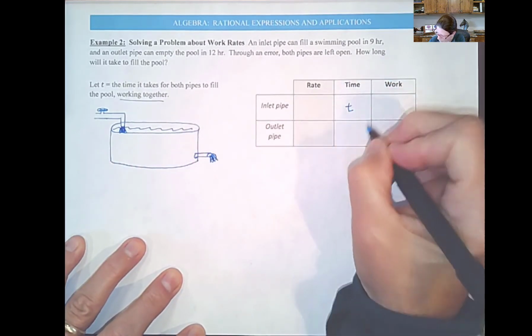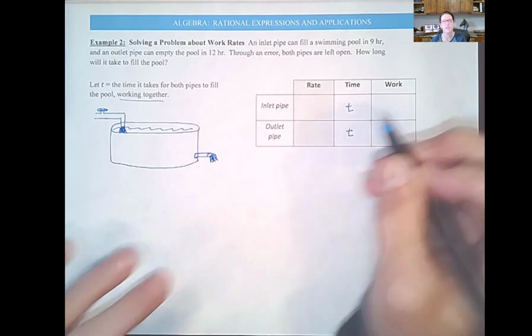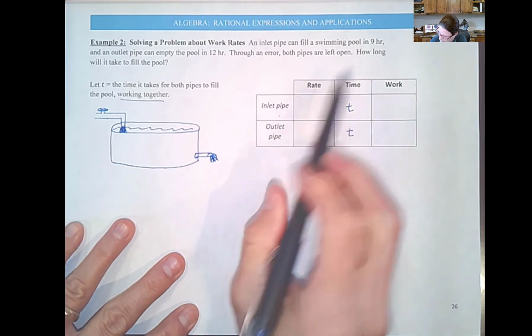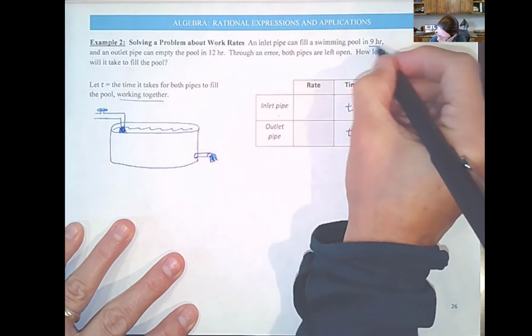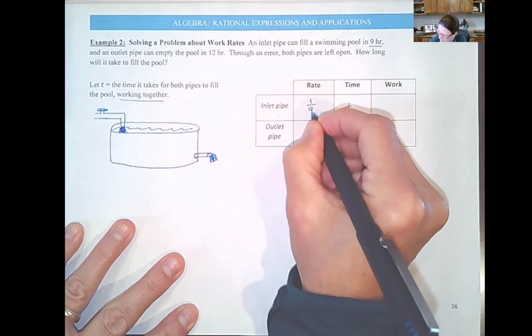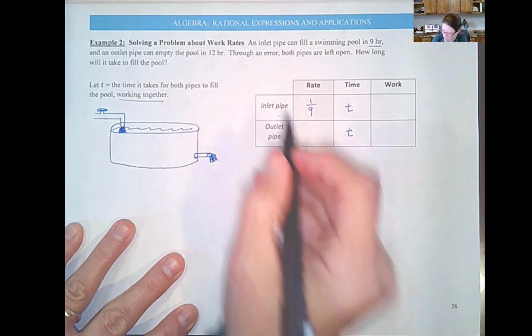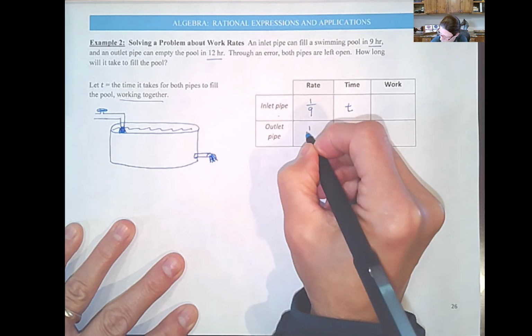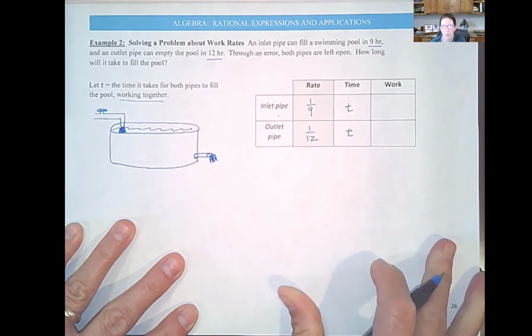Well, our variable is T for both because they start and stop at the same time. The rate of the inlet pipe will be 1/9 of the job per hour, and the rate of the pipe emptying the pool, 1/12 of the job per hour.